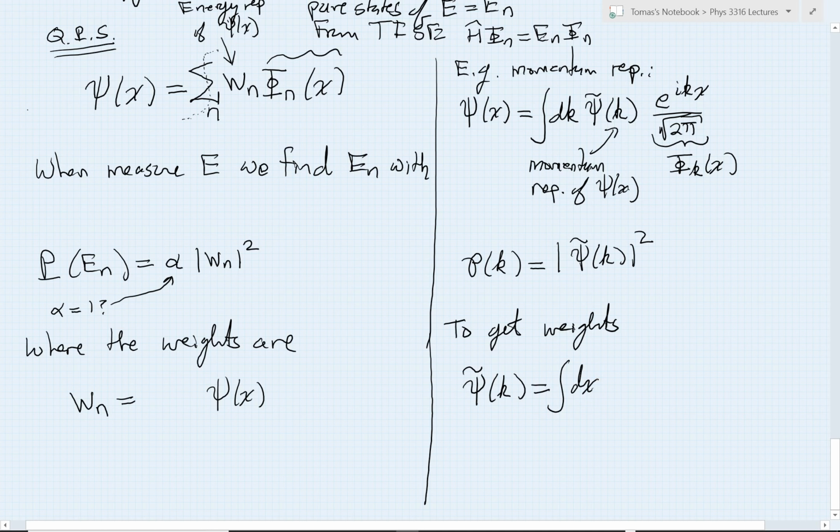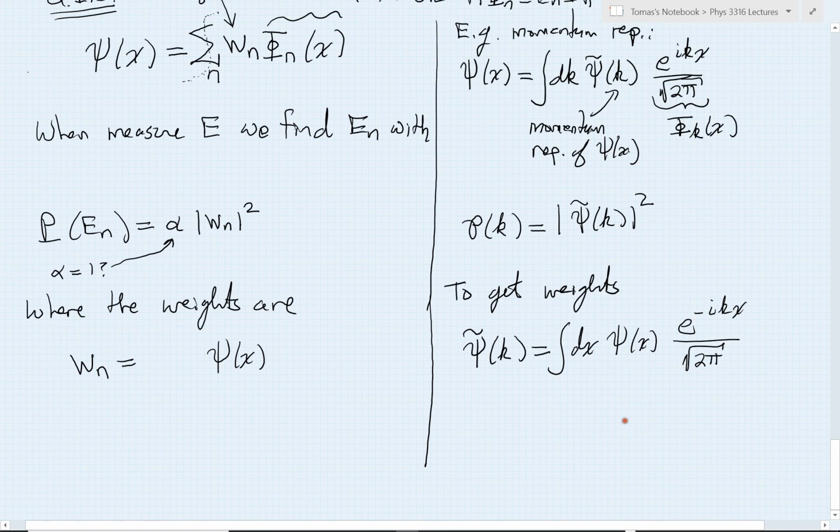We integrated dx, my wave function psi of x, times an e to the minus ikx now, so that it does the inverse Fourier transform, and it carried this normalization 1 over root 2 pi. We had decided to do the Fourier inversion theorem. We had spread these square roots out evenly. And one of the key reasons why we did that actually is that I hope you can recognize in this formula that what I have here is nothing other than my pure state of momentum, but complex conjugated, which would then just flip the sign on i.